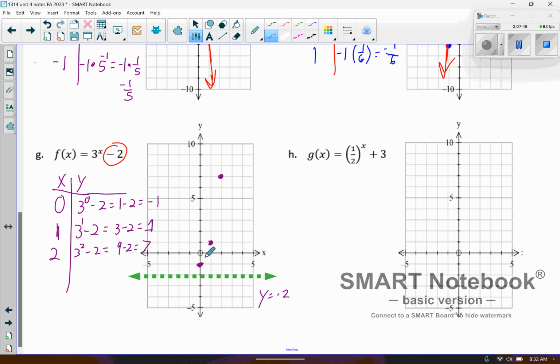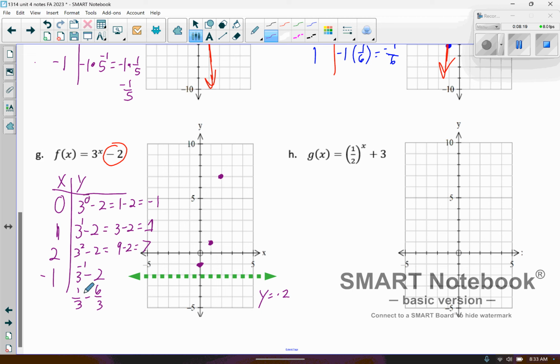And if you go in the other direction, you're just going to start approaching the asymptote, and it'll get kind of messy because you're going to get fractions. So I'll do -1 just so we can see it. 3 to the -1 power minus 2. Well, this would become 1/3 minus 2. Minus 2 is the same thing as 6 over 3, since 6 divided by 3 is 2.